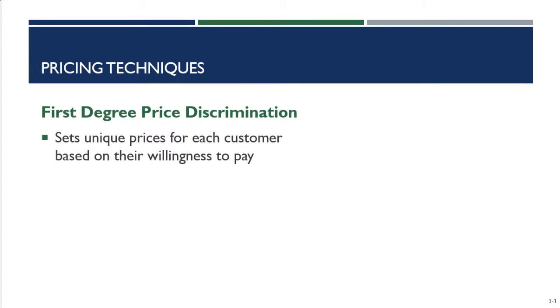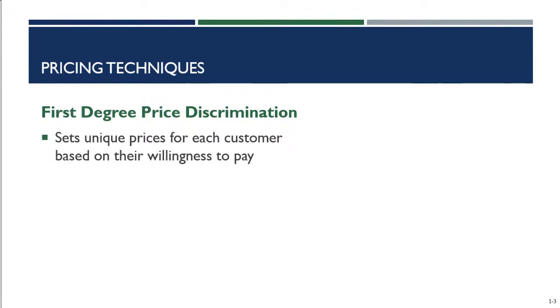And the first is really what we consider to be first-degree price discrimination. Ideally, retailers realize that they can maximize profits if they charge each customer the price they're willing to pay. So we also call this individualized variable pricing.